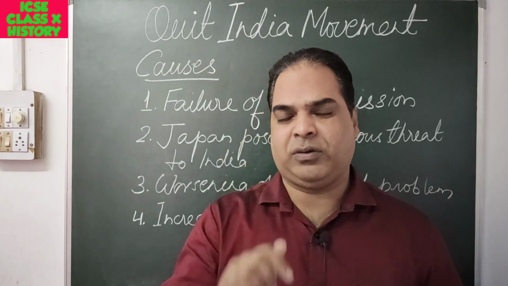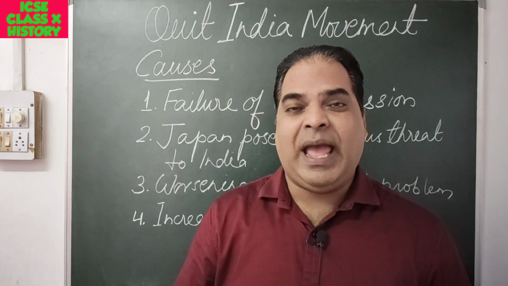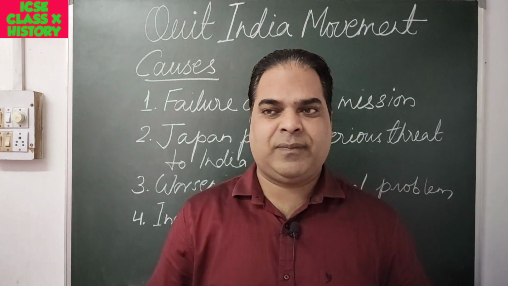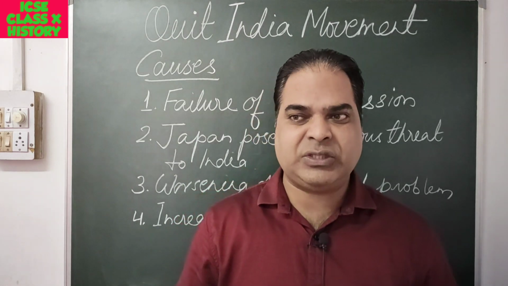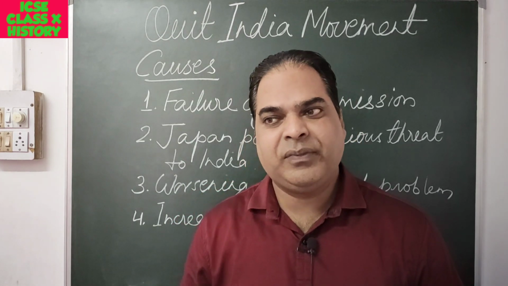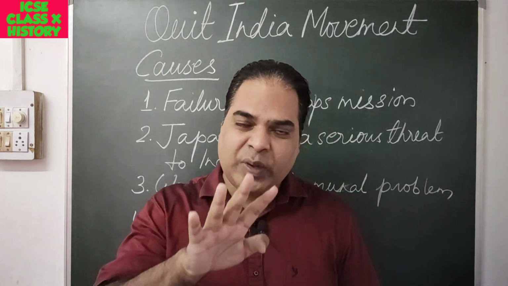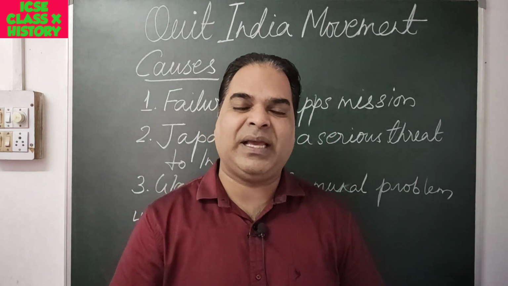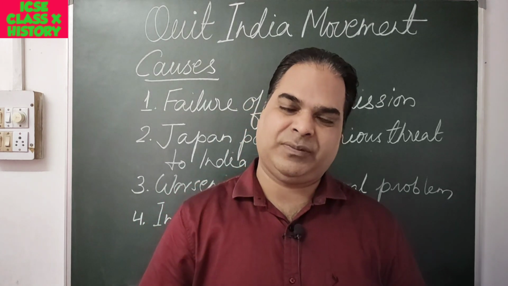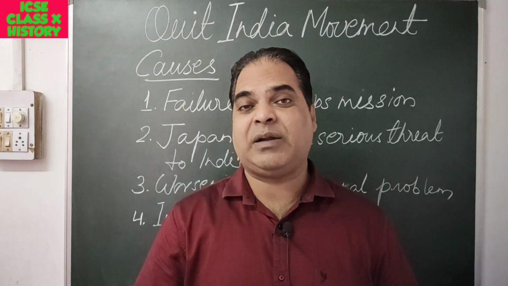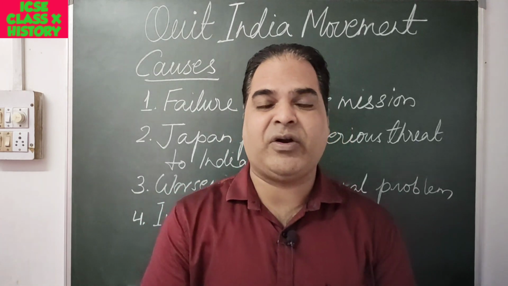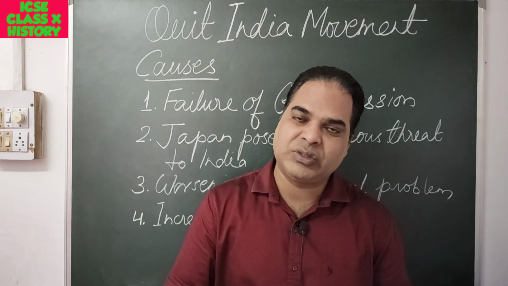And number 4, actual control of defense and military operations during the war period would be retained by the British government. So these were the proposals placed by the Cripps mission. Sir Stafford Cripps placed this proposal in front of the Indian leaders.